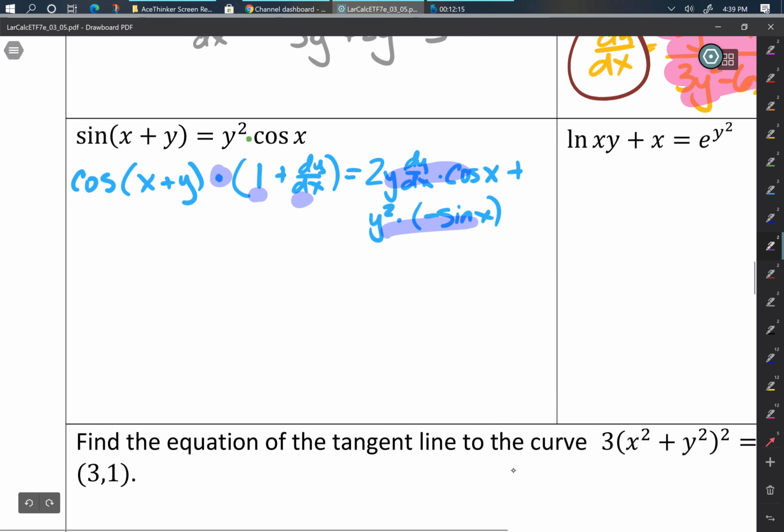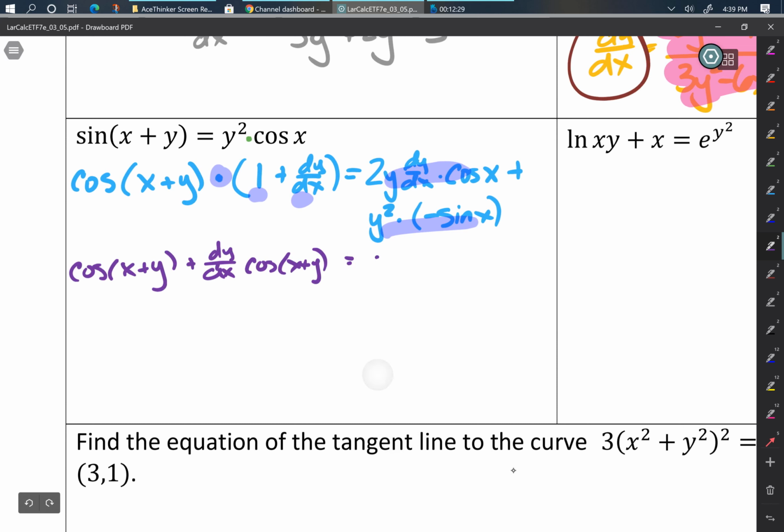On the left-hand side, I have cosine(x plus y) plus dy/dx times cosine(x plus y). On the right, I have dy/dx times 2y cosine x minus y squared sine x.